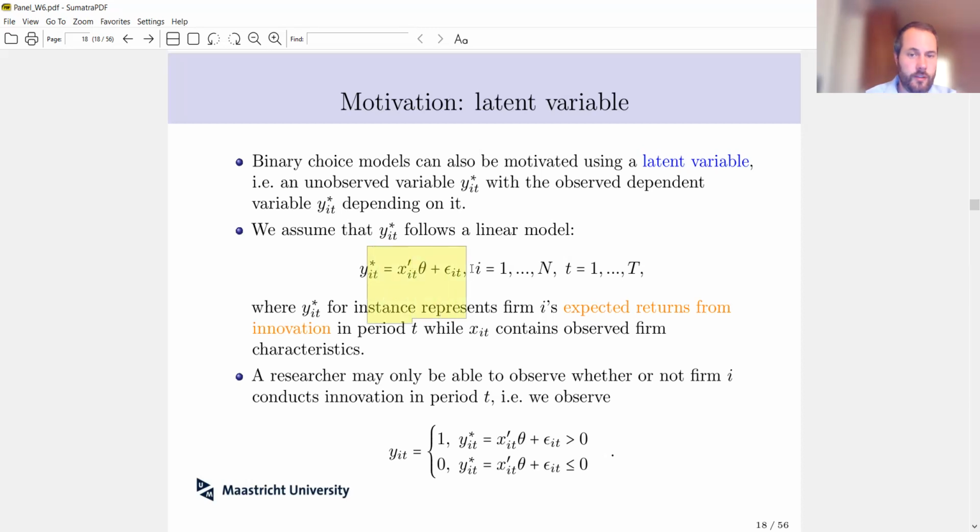This would be the true model, and you would like to see yt star, but you don't. The only thing that you can observe is whether or not the firm conducts innovation. So you basically only observe y, which is 1 if the expected returns from innovation are positive, or 0 if they're at maximum 0.